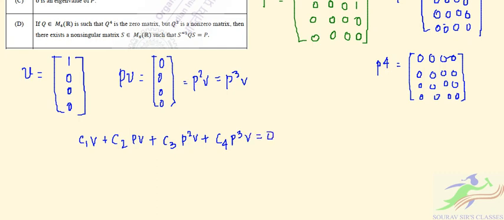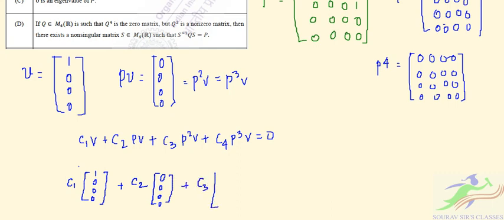So from here we can write: C1 multiplied by this vector, so C1 will be 1 0 0 0. C2 will be a 0 column vector. C3 similarly will be a 0 column vector, and C4 similarly will be a 0 column vector.